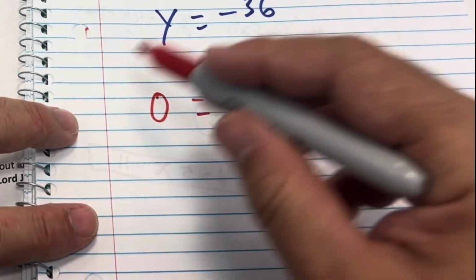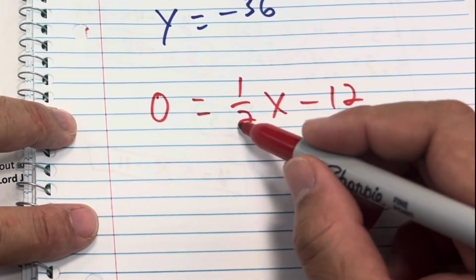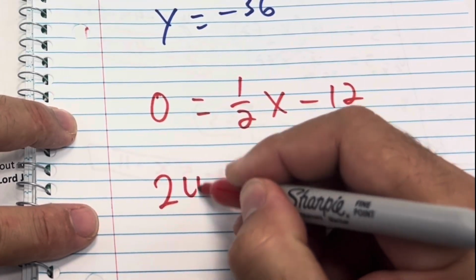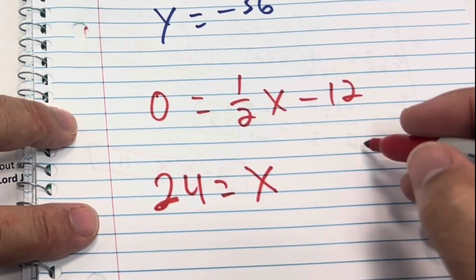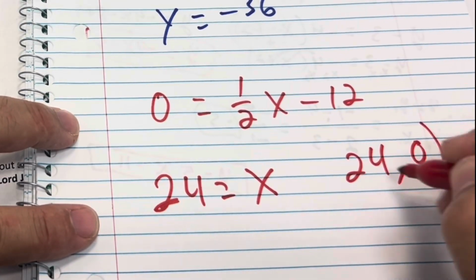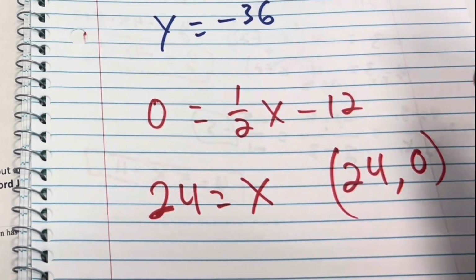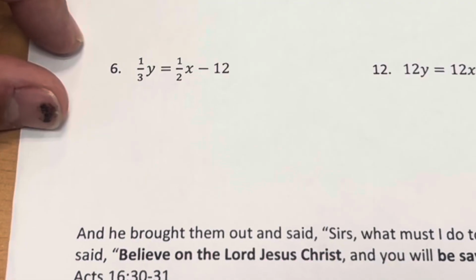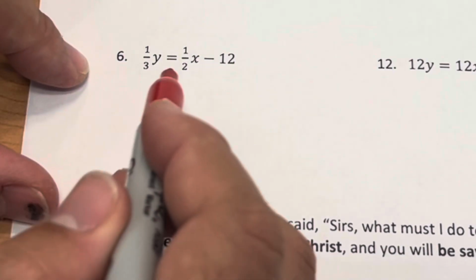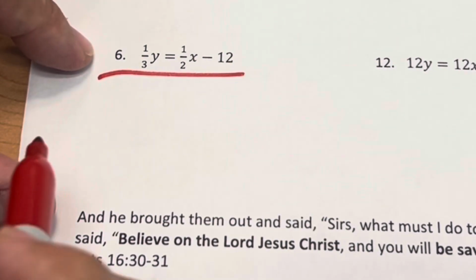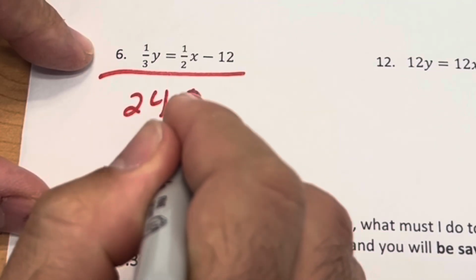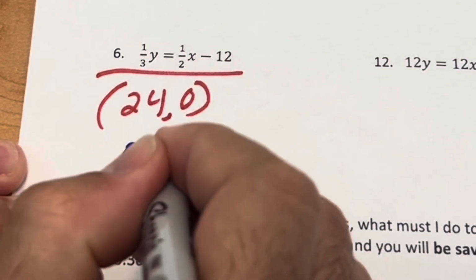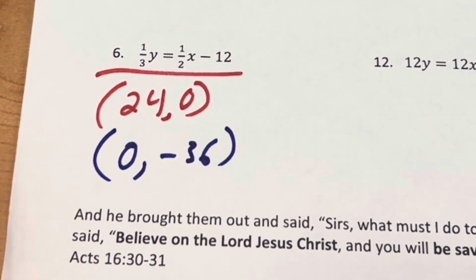So this minus 12 goes here as positive 12, and then this dividing goes up to multiplying: 2 times 12 is 24. 24 equals x, so 24 comma 0 is the x-intercept for this number 6. So the answer for number 6 is 24 comma 0 and 0 comma minus 36. Okay, we have that one.